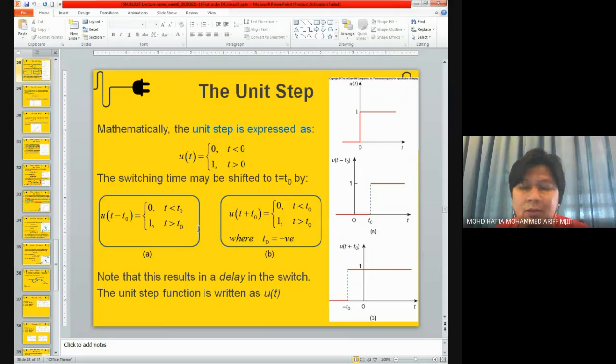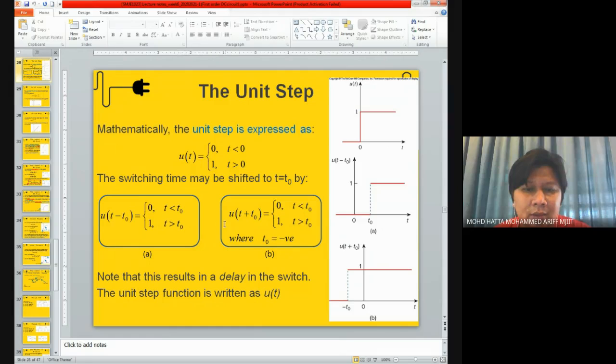Here for figure A, where it is shifted towards the right hand side, we can use this equation, u of t minus t naught. Here t naught is a positive value, and u is 0 for t less than t naught, and 1 for t greater than t naught.